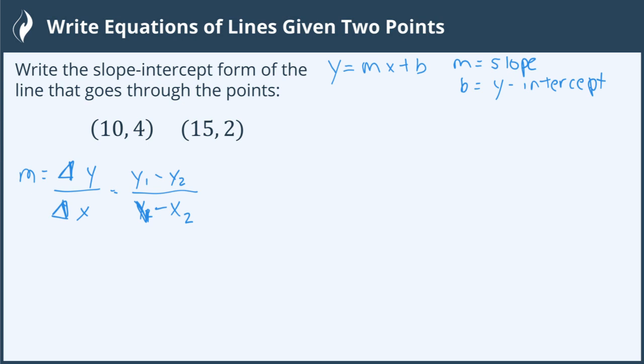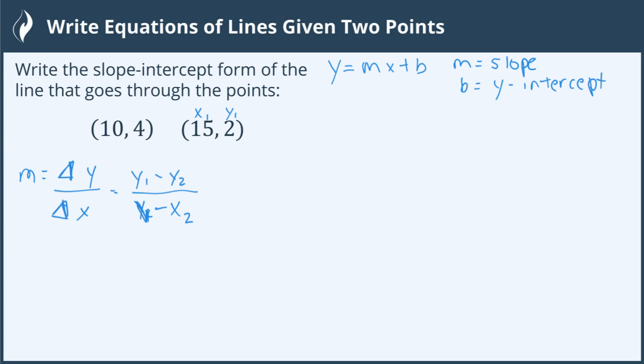Now you look at your 2 points, and you can label them however you want to. The way I did this was my x sub 1 and my y sub 1. The key thing is that your subscripts have to match. It has to be x sub 1 with y sub 1. You don't want to mix them up.